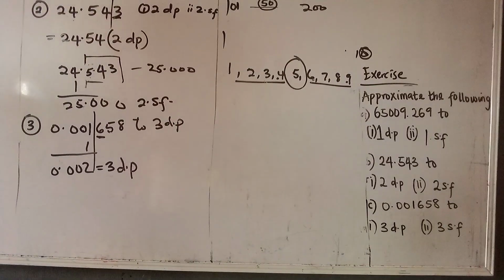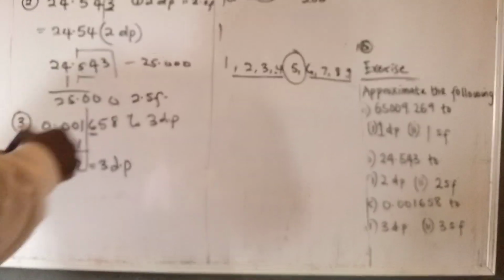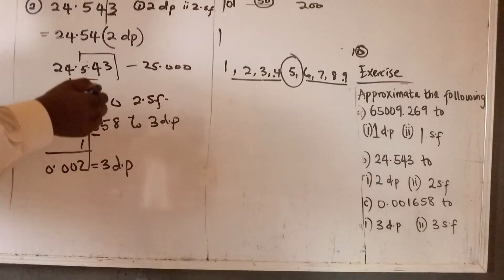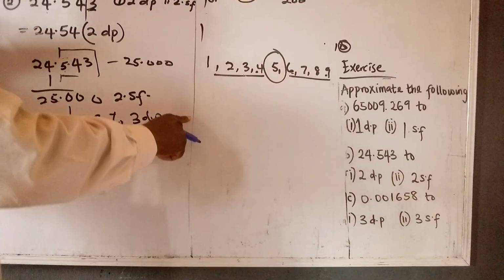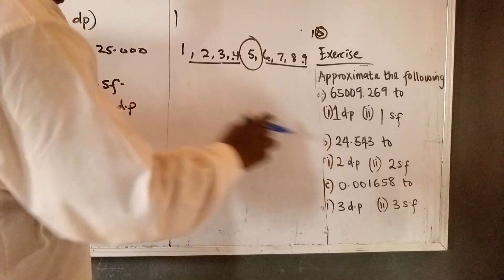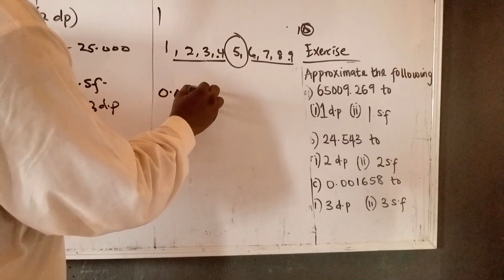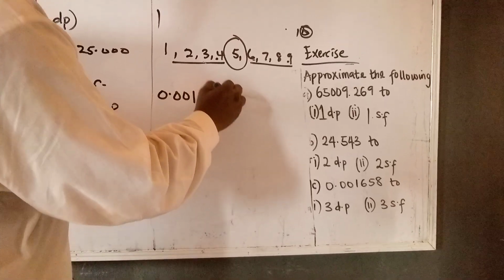But in the case of significant figures, when we are solving three significant figures for this same value, something different is going to happen. Let's move here. So three significant figures of this same value, 0.001658.